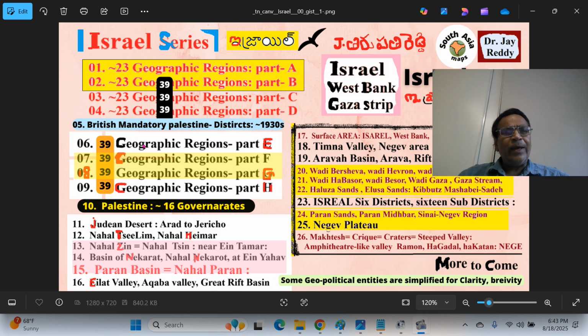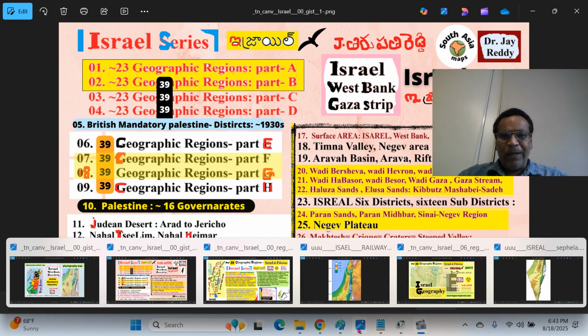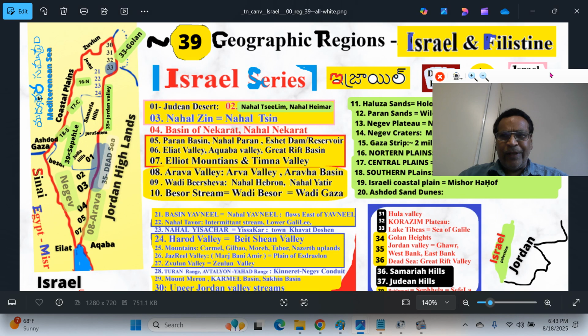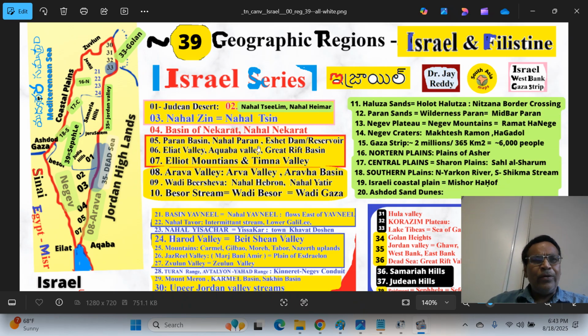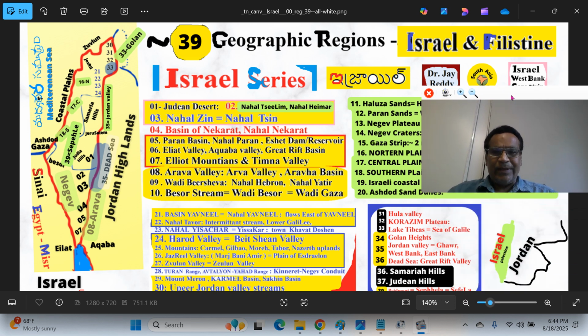Among the 39, we are exploring geographic regions part E. All these geographic regions I am giving here, you can stop and look at them. These are all the 39 or 40 regions.